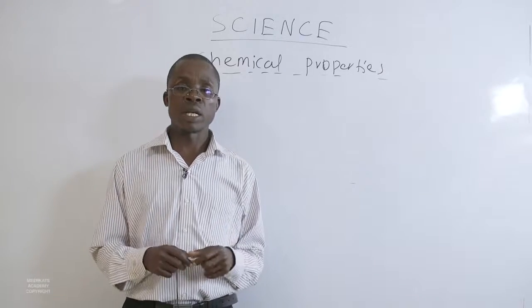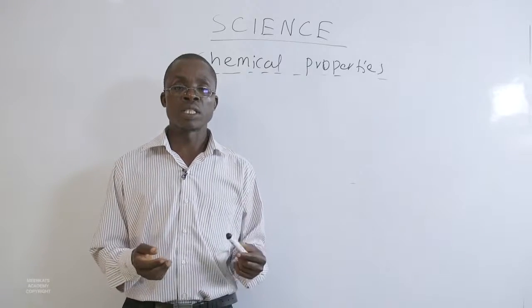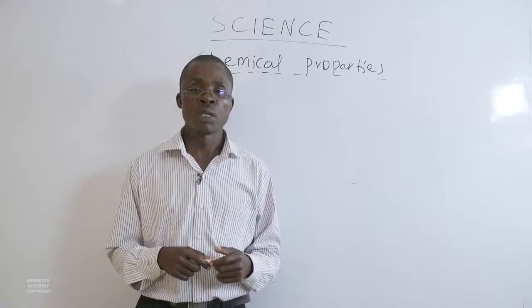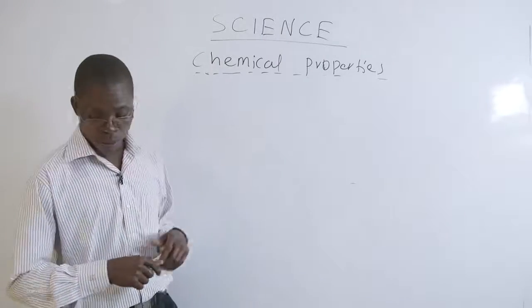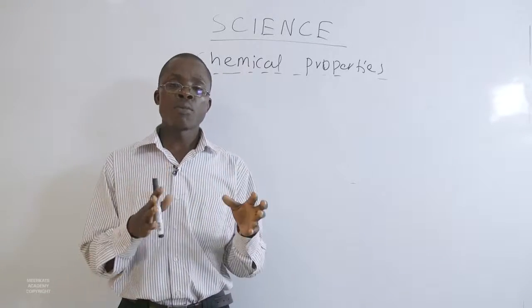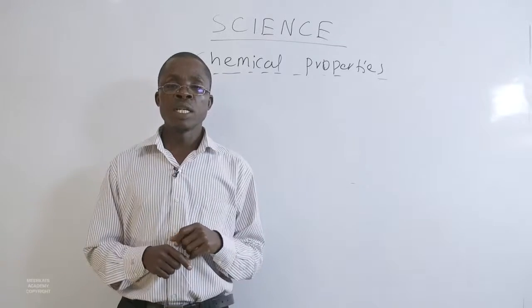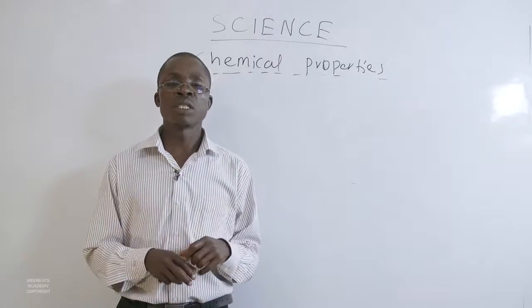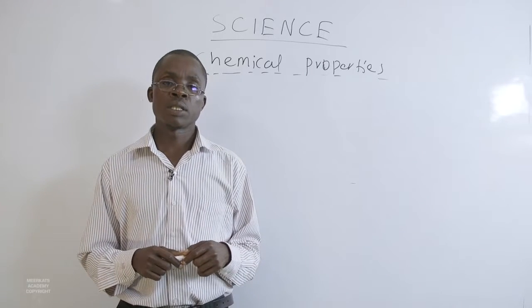Remember, we are in science, and science is about investigations, experiments, to find out more about issues. Now, in chemical properties, we need to understand that for a chemical change to have taken place, it means the internal arrangement of the substance changes.